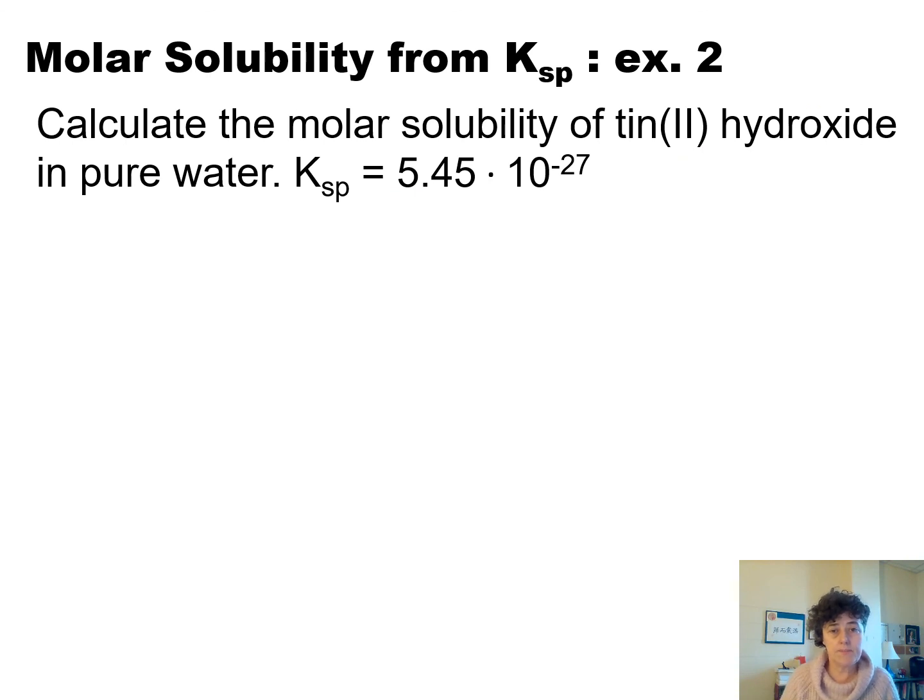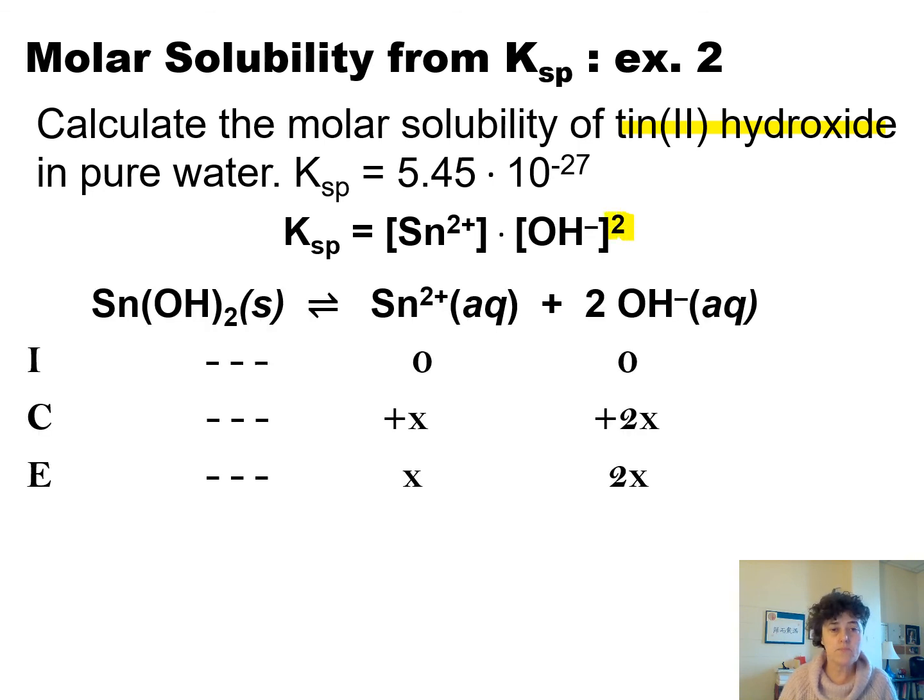In this example, we want to calculate the molar solubility of tin hydroxide, tin 2 hydroxide. So the formula is Sn(OH)2. The Ksp therefore will have this form, so we need to remember our exponent here. We can approach the problem with an ICE table.